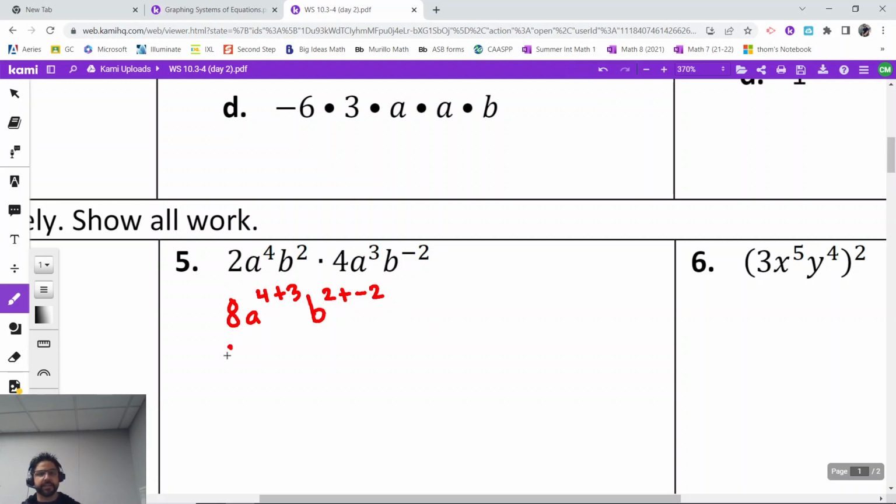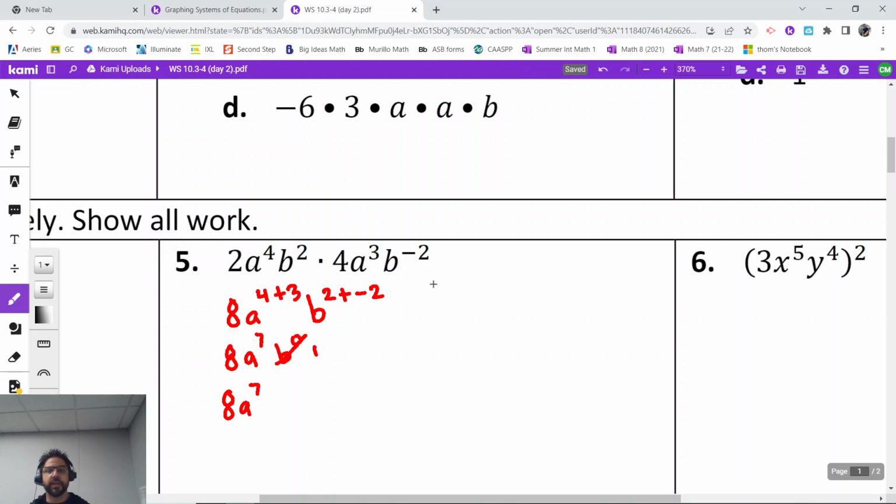So we're going to definitely keep our 8. The A is the 7th power, and then our B says 2 plus negative 2, which is really our 0 power. And if you remember, we don't write a 0 power, so we're going to lightly cross that off, because that really becomes a 1, and 8 times 1 is just 8, A to the 7th power. So that's option number 1.